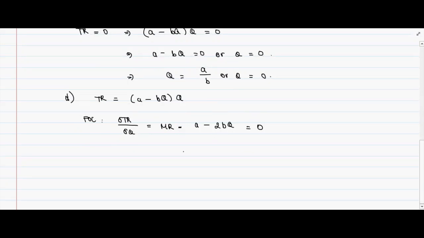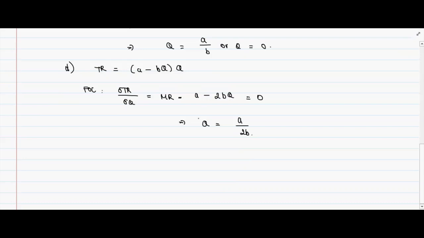Solving this equation, I get Q equal to A divided by 2B. To confirm that this is the quantity that maximizes the total revenue, not minimizes it, you just have to check the second order condition, where you differentiate the first derivative again with respect to Q.